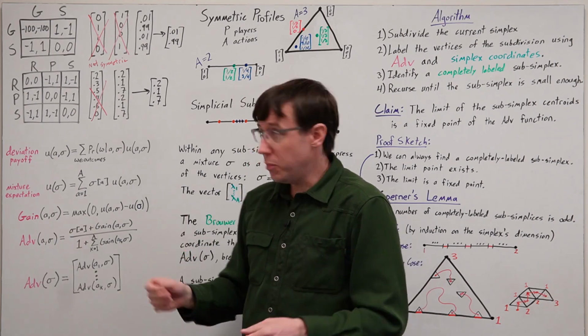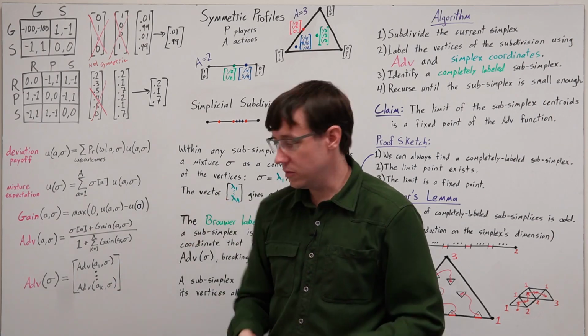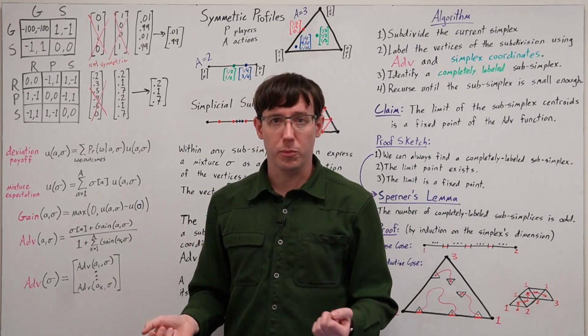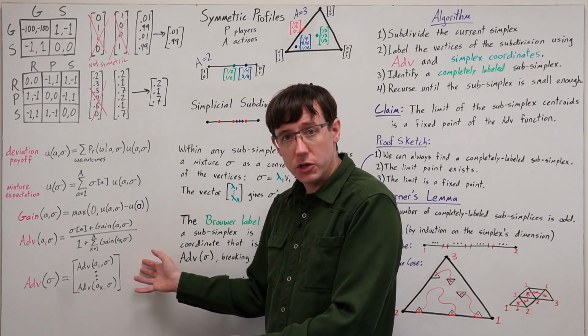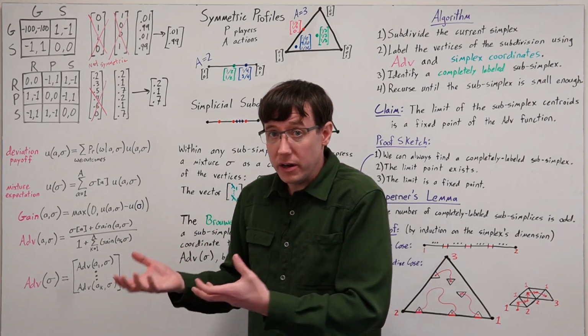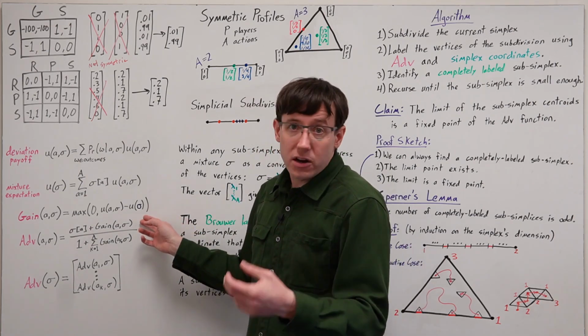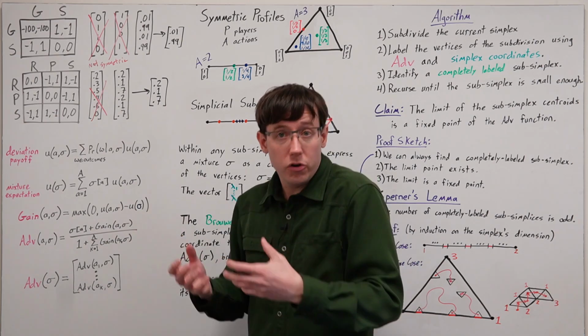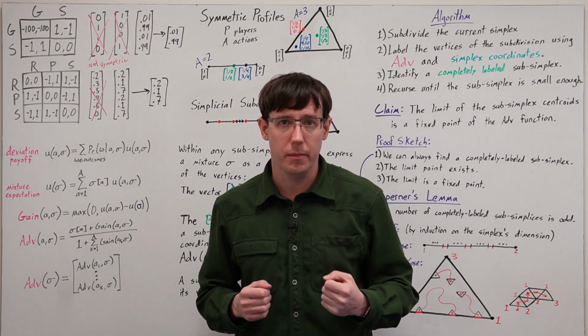So it takes as input a symmetric profile whose dimension is the number of actions, and it outputs another symmetric profile. And under this definition of the advantage function, if we have a fixed point where the probabilities don't change, that must mean that the gain for every action was 0, which in turn means that the symmetric profile must be a Nash equilibrium.